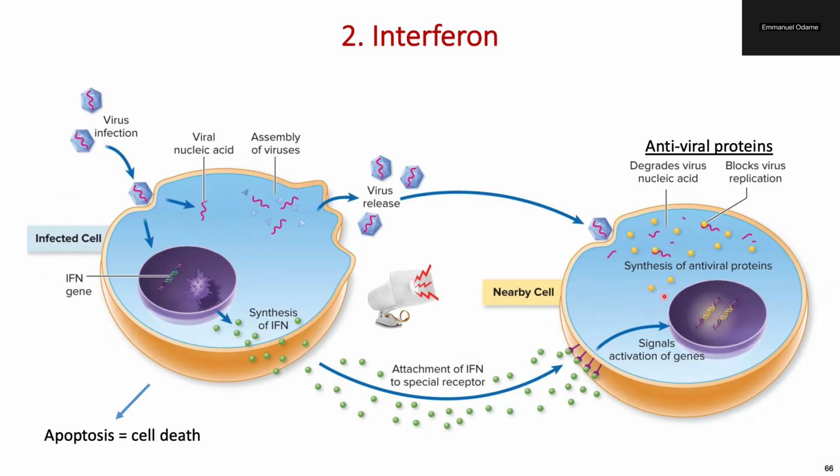Then immediately the nearby cell secretes antiviral proteins, which will block further infection by this virus. So it's telling, hey, there's a new infection coming on, so you have to protect yourself. So it secretes antiviral proteins, protecting itself from further infection. That's basically one example of how interferon is put into action.